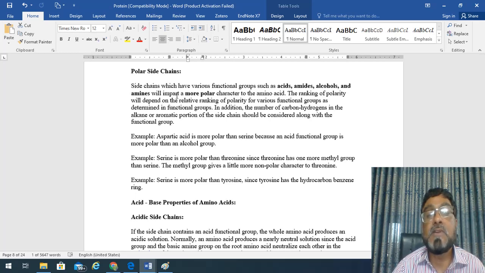The ranking of the polarity will depend on the relative polarity of different functional groups. For example, aspartic acid will be more polar than serine because the acidic functional group is more polar than the alcohol group.